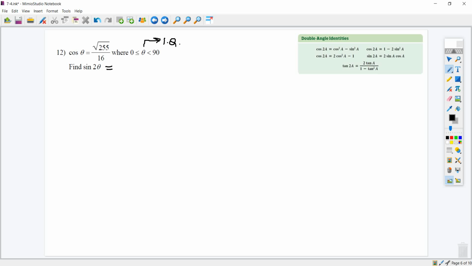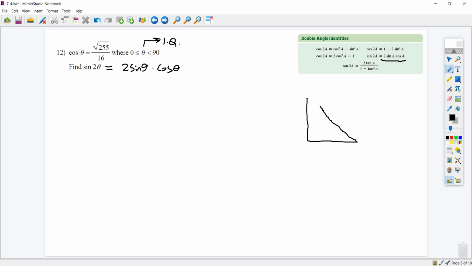If you follow the formula for sine 2 theta and expand it, this is where we will use it: 2 sine theta cosine theta. We know cosine theta, but again we don't know sine.